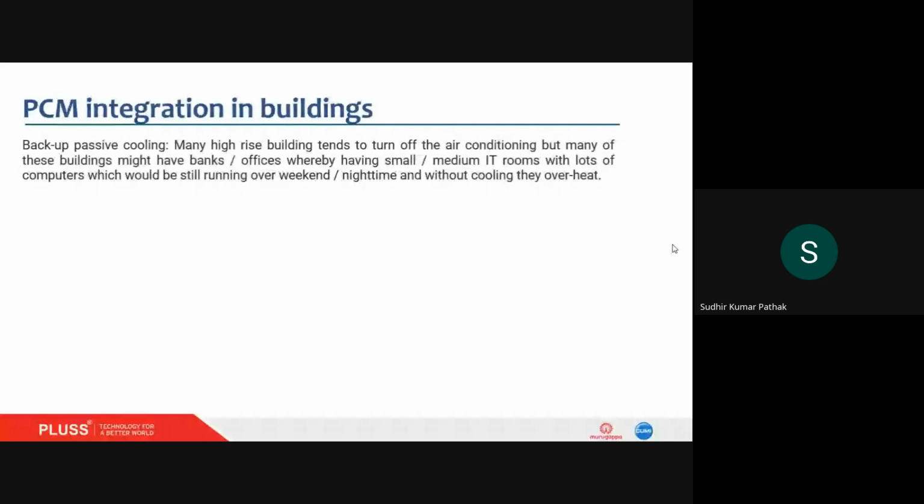Whenever we turn off the air conditioning during Saturdays and Sundays, by integrating phase change material, we can maintain the temperature. Within the server rooms, we can strategically place the phase change material in the form of blocks or tabs. And during working days, Monday to Friday, the PCM will charge.